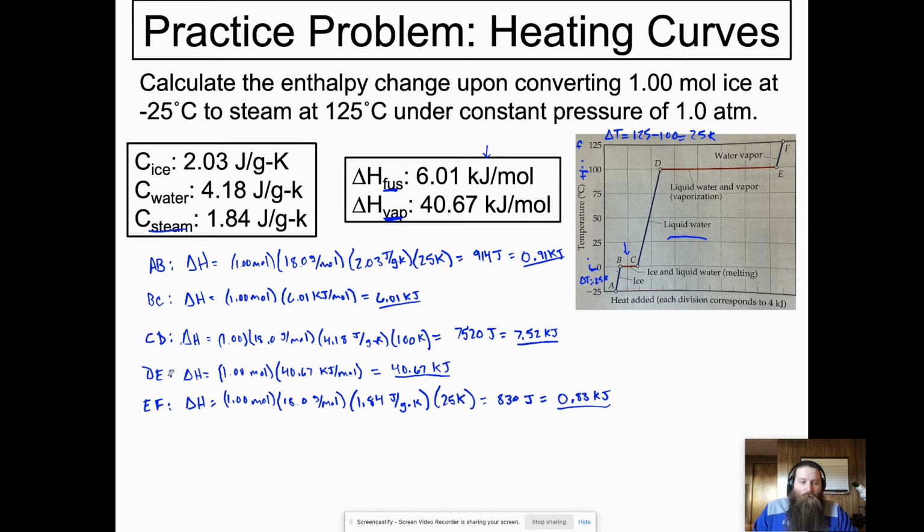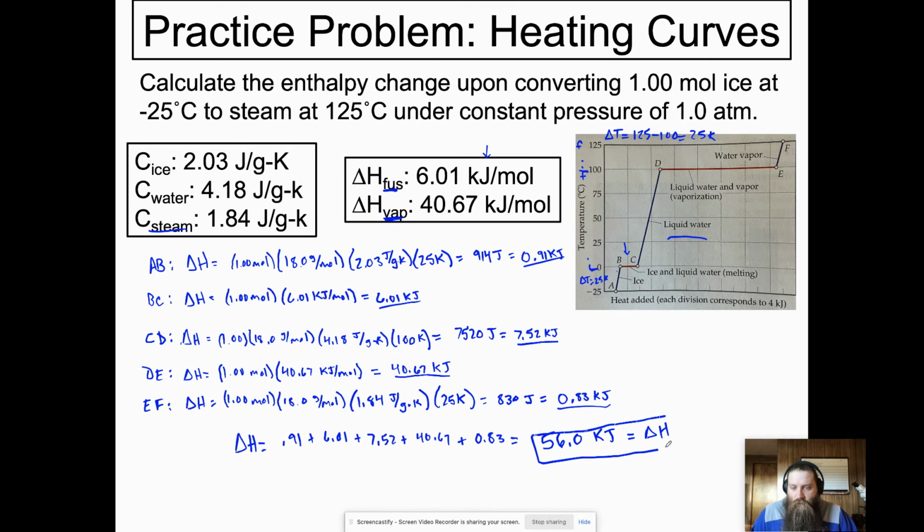So now I've successfully moved from A to F, and all I need to do now is sum my parts. So delta H is going to equal 0.91 plus 6.01 plus 7.52 plus 40.67 plus 0.83. I can add all these because I've converted them to kilojoules already, so I'm adding like terms, and this is going to give me 56.0 kilojoules equals delta H, the change in the enthalpy for that phase change.